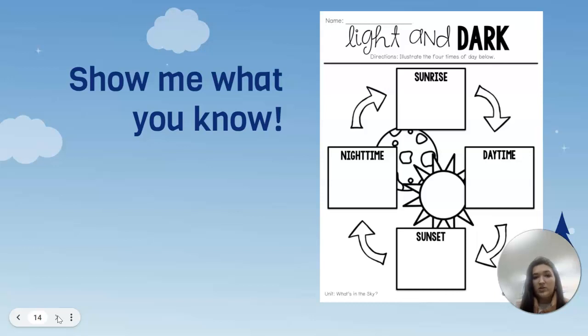I want you guys to use crayons or markers or whatever you can find, and I want you to color for me what it looks like during these times, right? So you're going to color a pretty sunrise for me, you're going to color a pretty sunset, and then you just fill in those things, okay? Maybe you can color in a sun or a moon like what we talked about. All right? That's all that I have for today.